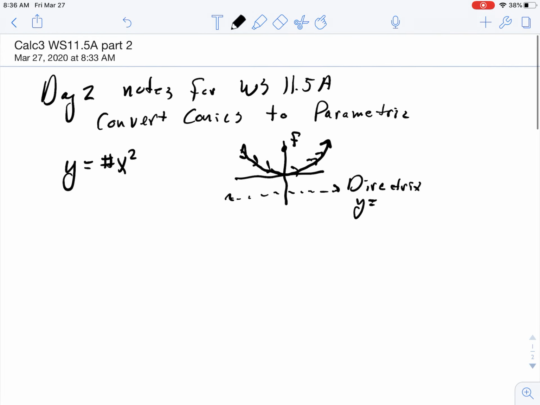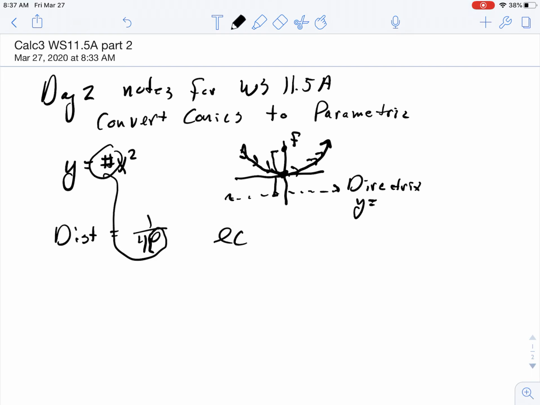Now to find that is the distance from your vertex to your focus, and your distance from your vertex to your directrix. That distance came up with 1 over 4p. Okay, and that would be from the number that you have here dumping in to what p is.